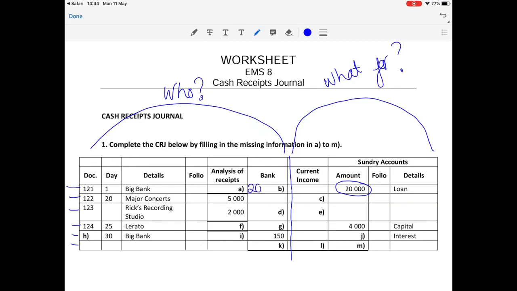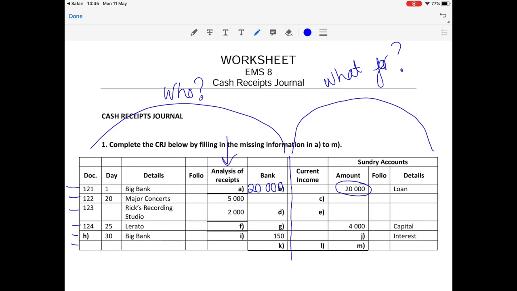Where do we put it? Remember, every single amount of money that comes into your business must always be recorded in the bank column. You must record everything in the bank column. Do we record it in the analysis of receipts? Remember, this is where there is a discrepancy between our explanations and the textbook's explanations.